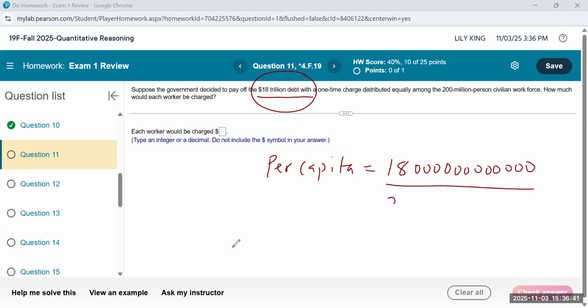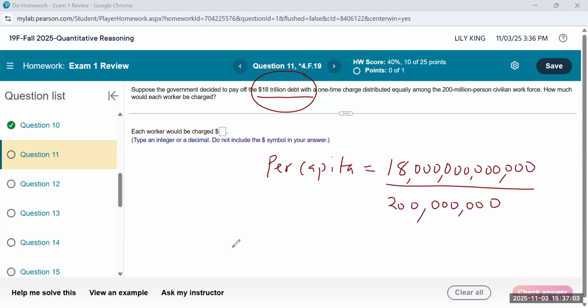And for 200 million, we are adding what? 6 zeros. Trillion is times 10 to exponent 12, so you add 12 zeros. And then million is 10 to the 6.